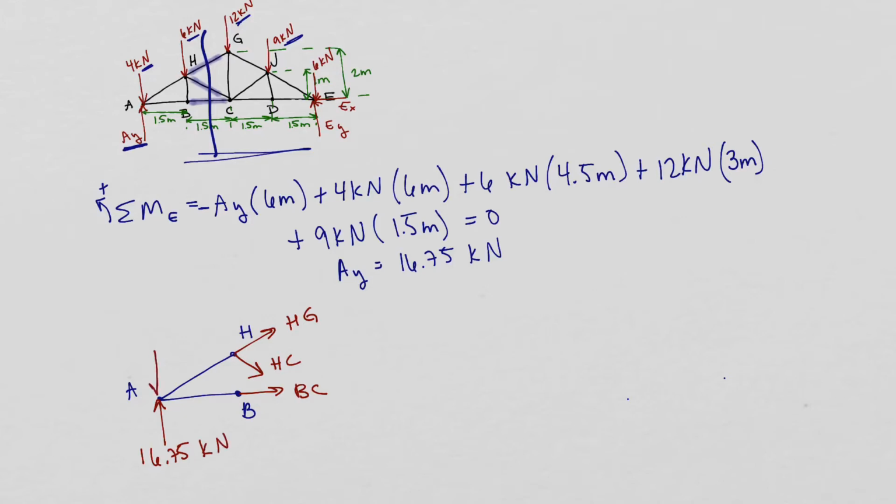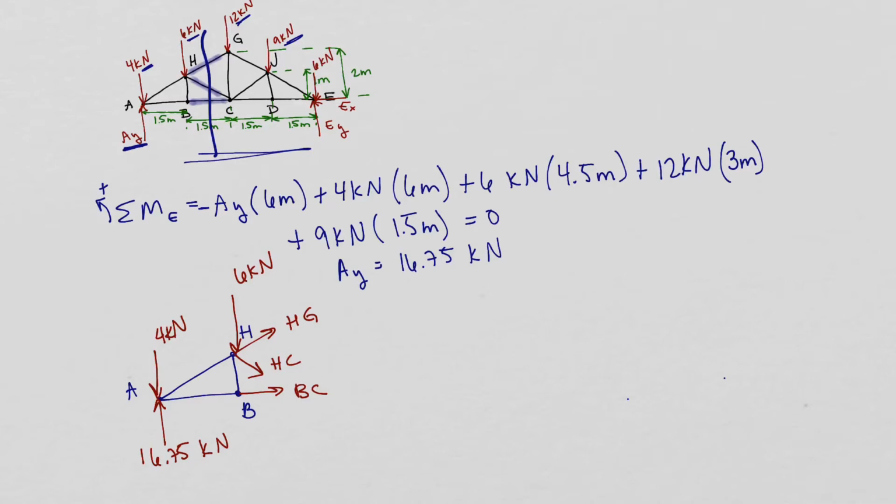And then we have that 4 kilonewton force coming down. And we have a 6 kilonewton force coming down at point H. And there's a link between H and B.